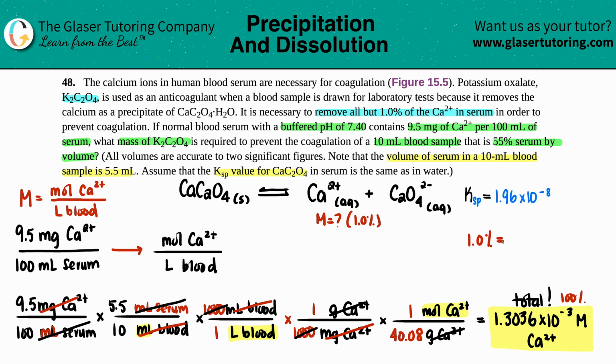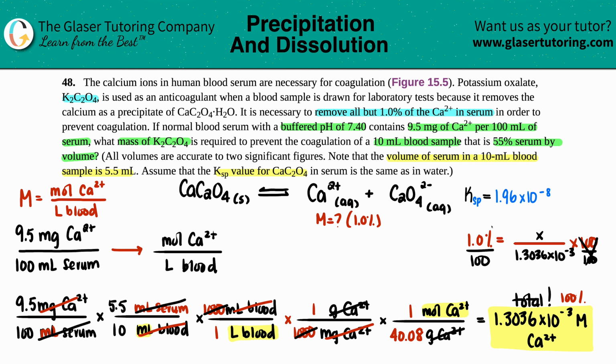So let's just do an easy formula, right? Percent is always part over whole times 100. The entire 100% sample is 1.3036 times 10 to the negative third, and this would be X on the top, right? Okay, so we can divide by 100 on both sides. 1 divided by 100 is just 0.01.